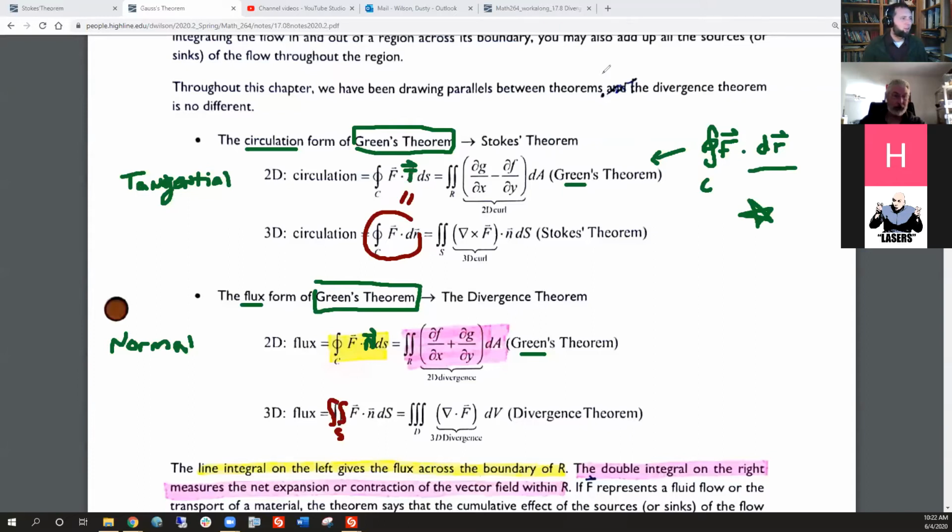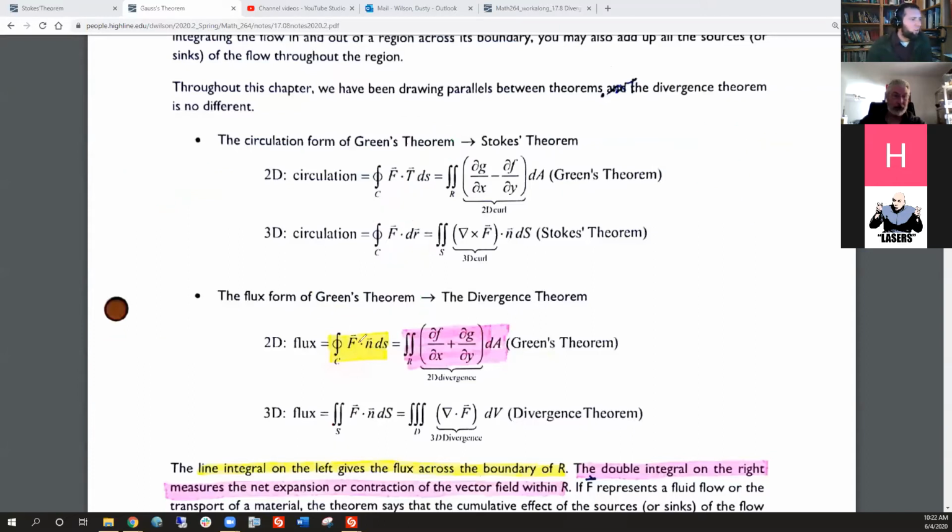Let me just point to one thing when we're talking about flux. In the 2D version, we have some curve C, and then we might have some surface here.